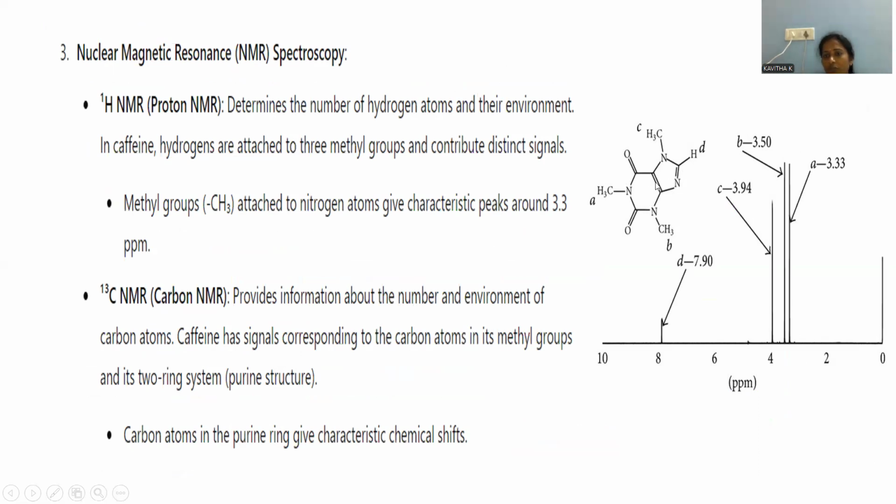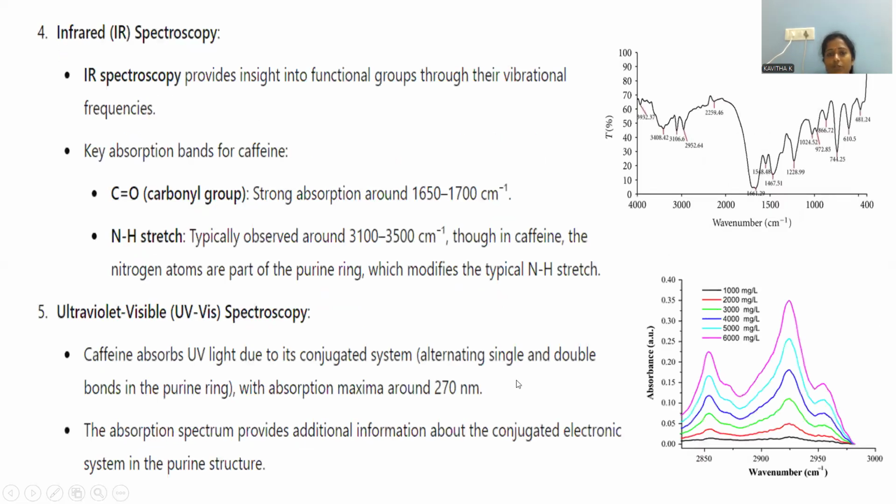And here also, from this double bond to this double bond, you can notice extended conjugation, from here to here, here to here. Extended conjugation is located within the molecule. That's the reason why caffeine gives characteristic UV visible maxima values at 270 nanometers. The absorption spectrum provides additional information about the conjugation in the electronic system, that is, the purine structure.